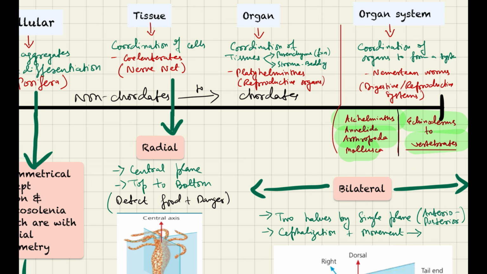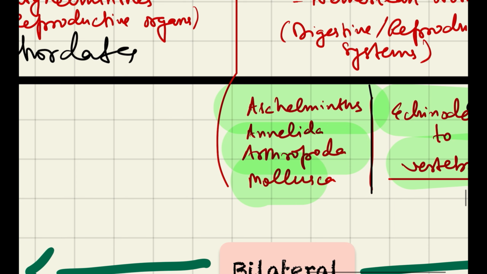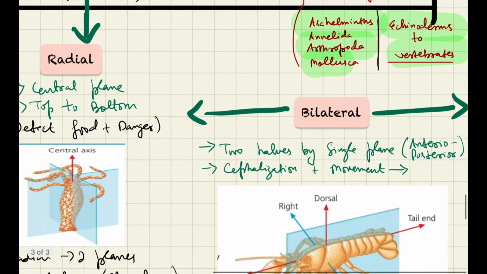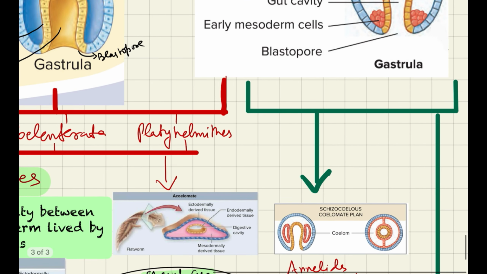And now you will understand why I have split these into these two groups. Just keep this aside, this is a special case, the helminths. Take this group, Annelida, Arthropoda and Mollusca, and then echinoderms to vertebrates. We will see here now the concept.